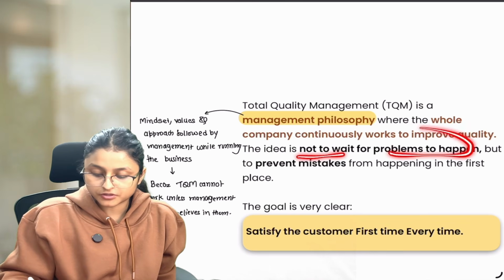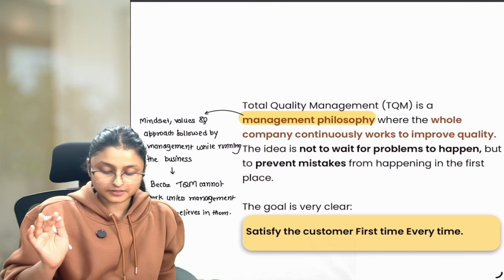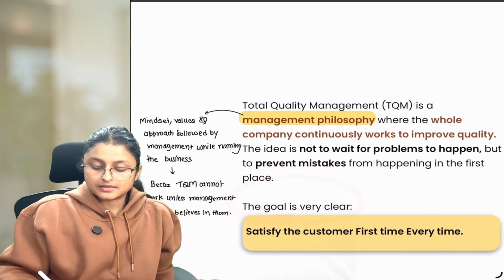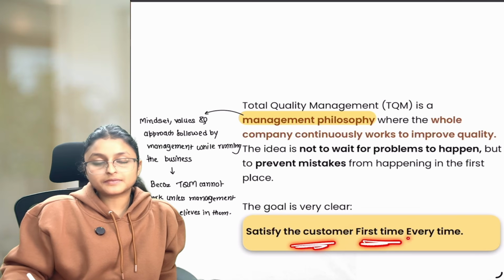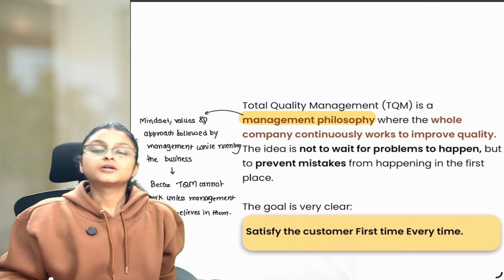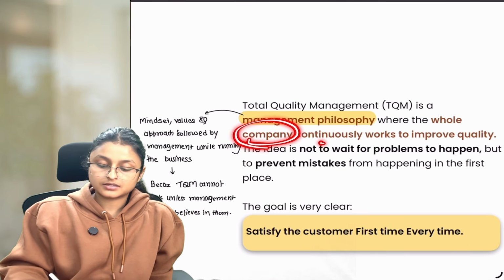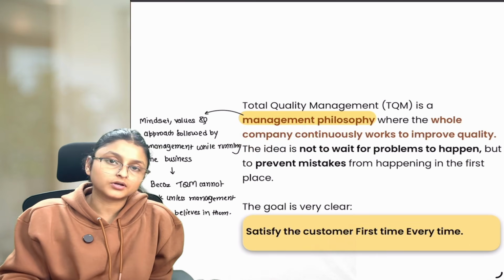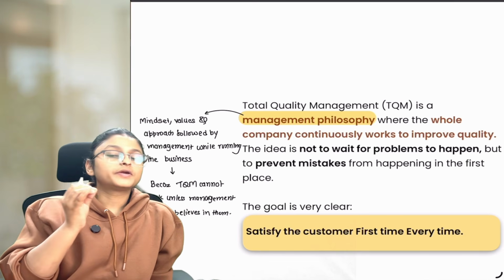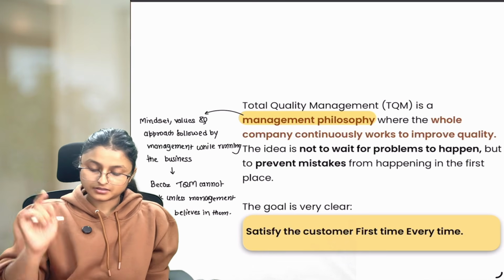So, not to wait for the problems to happen, but to prevent mistakes from happening in the first place itself. The goal is very clear: satisfy the customer the first time and every time. So, TQM is a management philosophy which involves everyone in the company to continuously improve the quality. The idea is not to wait for the problems to happen, we will prevent them beforehand, right?